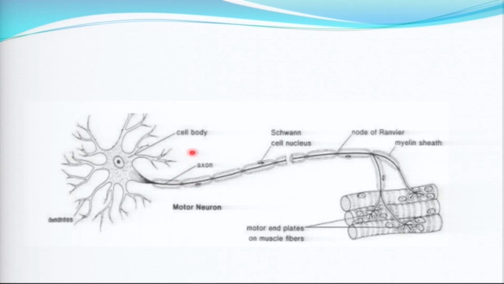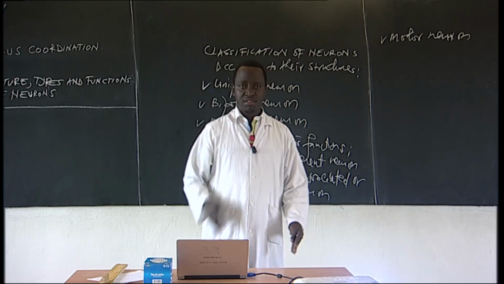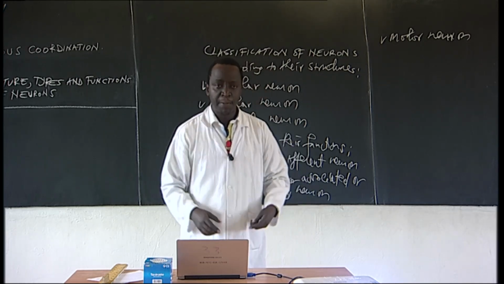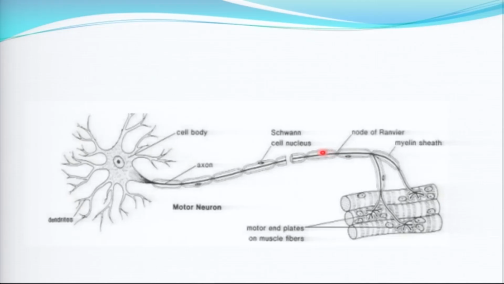It's just to increase the speed of the impulse. The impulse moves by what is called saltatory movement. The impulse moves by jumping, and that can also be helped by the myelin sheath that insulates the impulse. Are you getting the point?